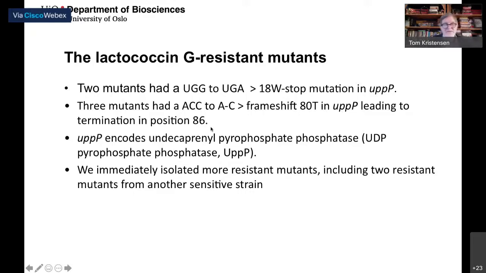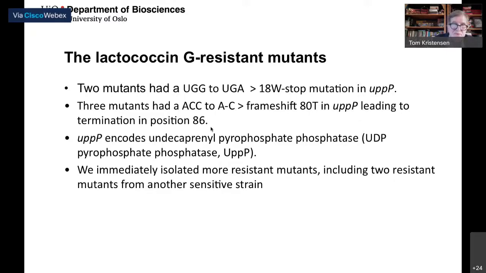So we had 5 mutations, but there were only 2 separate mutational events. So we had managed to pick copies of the same resistant colonies from several positions. But anyway, we found 2 mutations in a single gene, UPPP, which encodes a protein called undecaprenyl pyrophosphate phosphatase, which is, as we will see in a little while, important for the maintenance of the peptidoglycan layer in the bacterial cell wall.